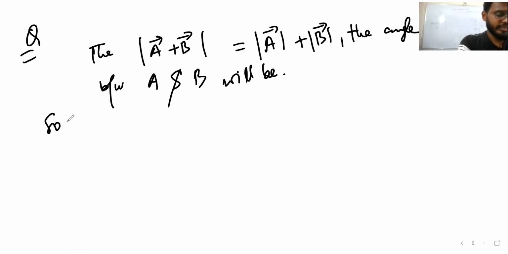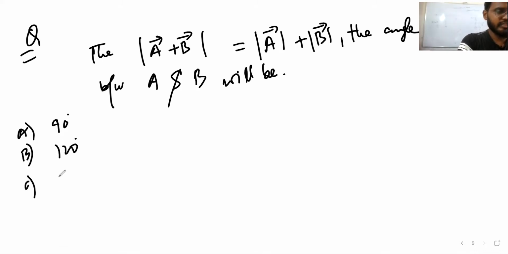So let's see. Options are given. Without options it will be tough to find. Option A is 90 degrees, B 120, C 0 degrees, D 60 degrees.